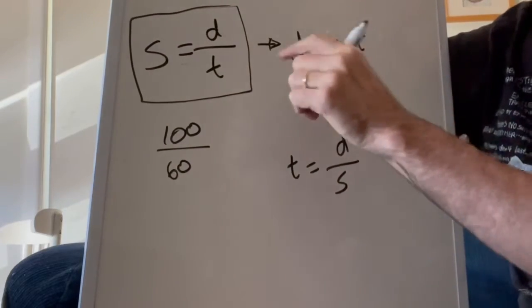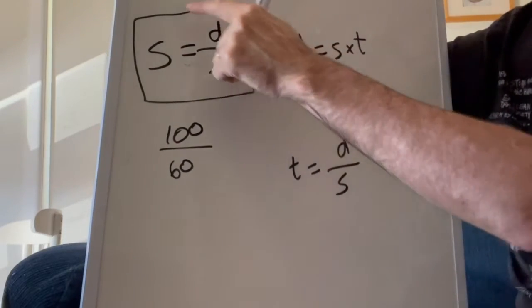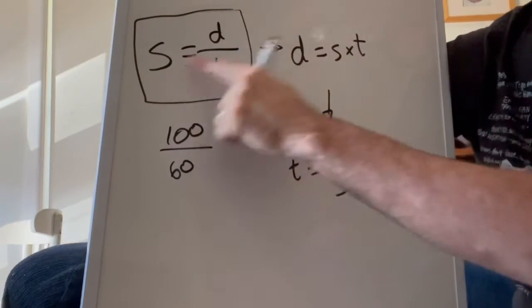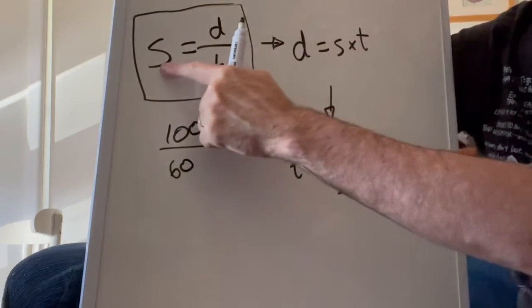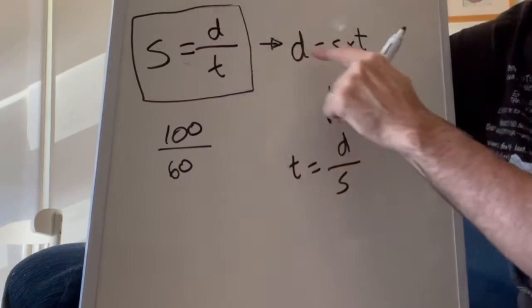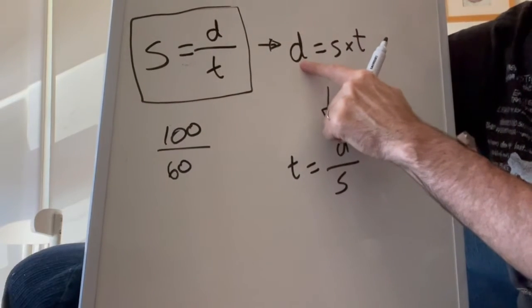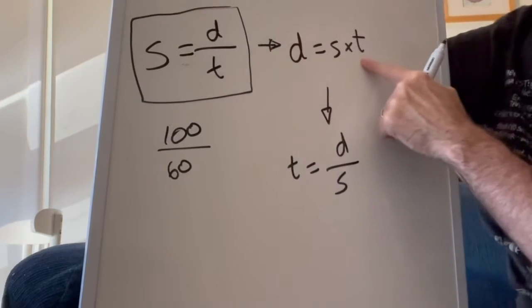We can take the D and put the D out the front of the equation, and we take the S and move it across. So we can see that distance equals speed multiplied by time.